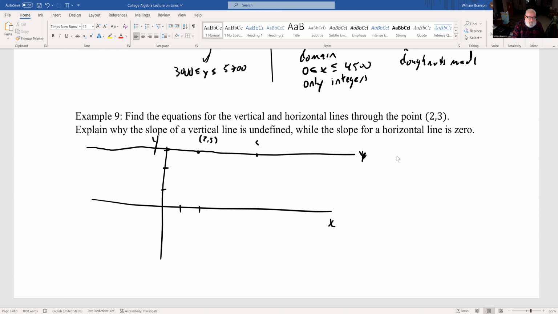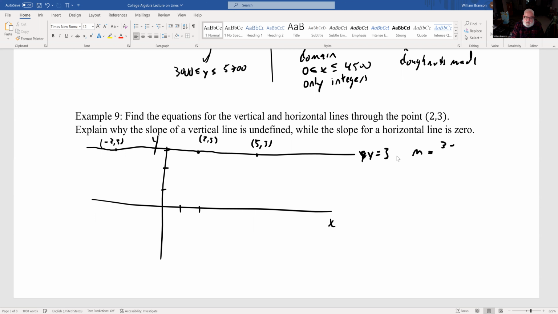Could also have the point 5, 3, minus 2, 3. All the y coordinates are 3. And so this line is y equals 3. And notice the slope: if I take any two of these points with the same y coordinate, it's change in y over, say, 5 minus 2. That'll be 0 over 3. That's 0. So the slope of a horizontal line is 0.